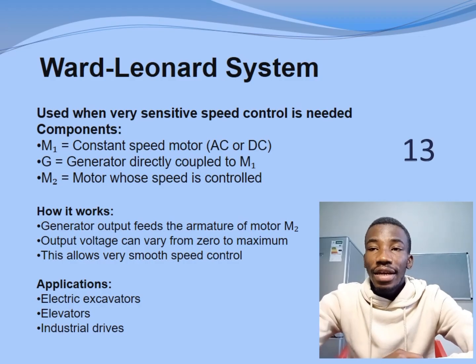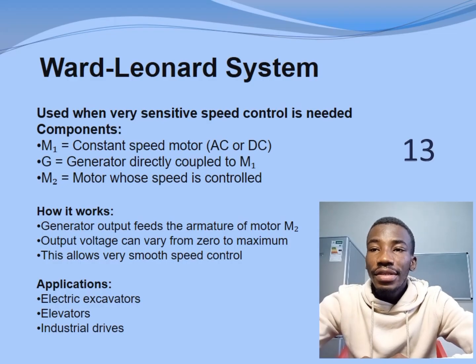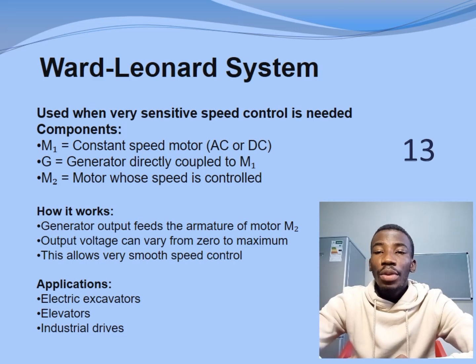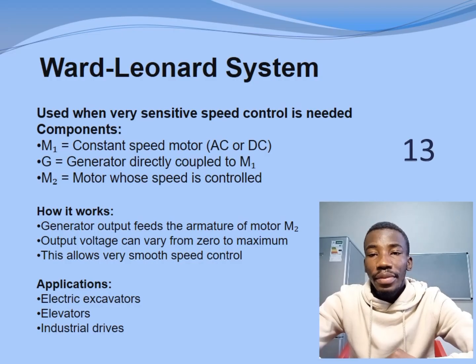The Ward Leonard system is used when very sensitive speed control is needed. Components: M1 is the constant speed motor, AC or DC. G represents the generator directly coupled to M1. M2 is the motor whose speed is controlled.